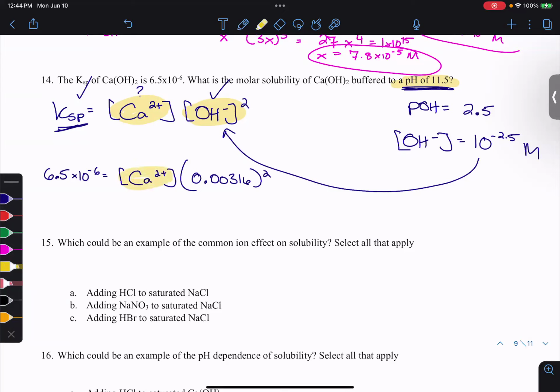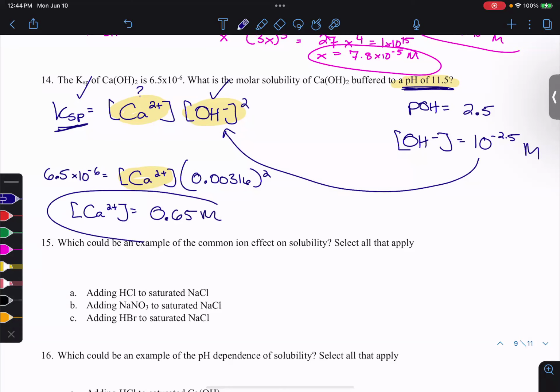So square that, 6.5 e to the negative 6 divided by that. I get that the maximum amount of calcium you can have in this solution at this buffered pH of 11.5 is equal to 0.65 molarity. So the hint here is that when I give you a pH, I'm telling you how much hydroxide there is in the KSP expression, right?